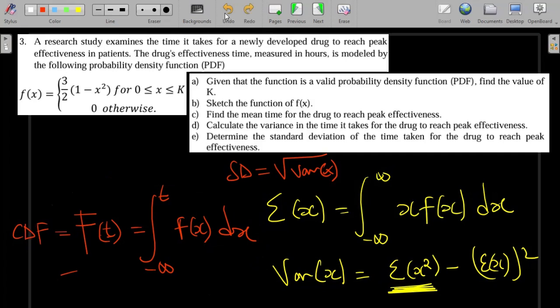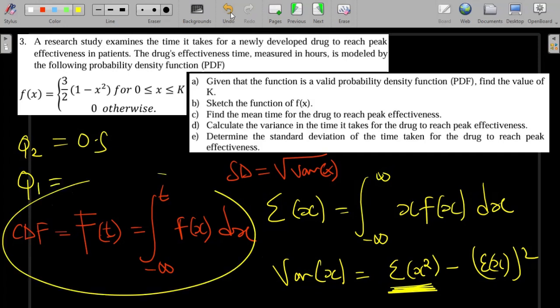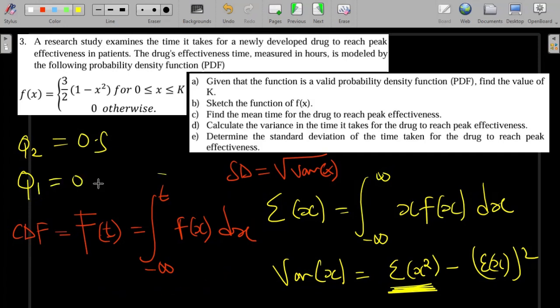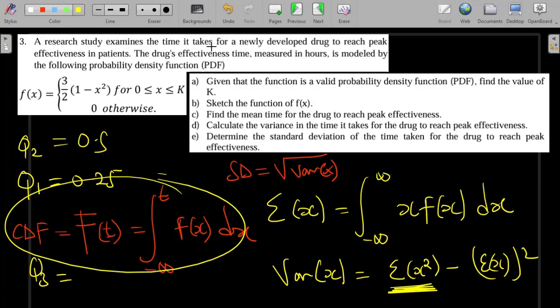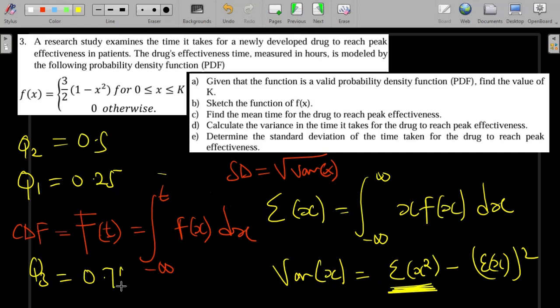Then when we are finding the median, we're going to be equating this CDF to 0.5. So the median is also known as Q2. If we're finding Q1, we'll be equating this CDF here to 0.25. If we're finding Q3, we'll be equating this CDF to 0.75.